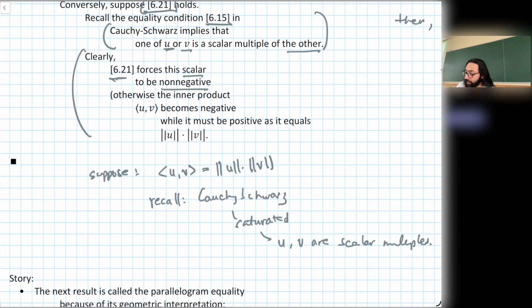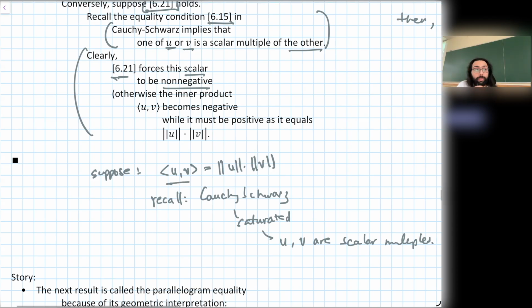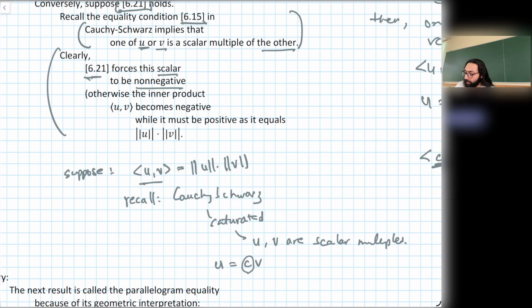Now the point is that we are also given that the inner product of U and V is the product of the norms. So therefore U is say C times V. We don't know whether C is negative or positive, correct? So now we can use the third equation that we had. If you substitute this, what do you get? You get C times the inner product of V with V, which is something non-negative.